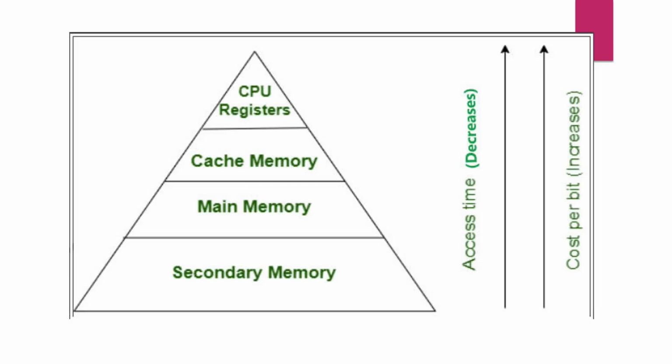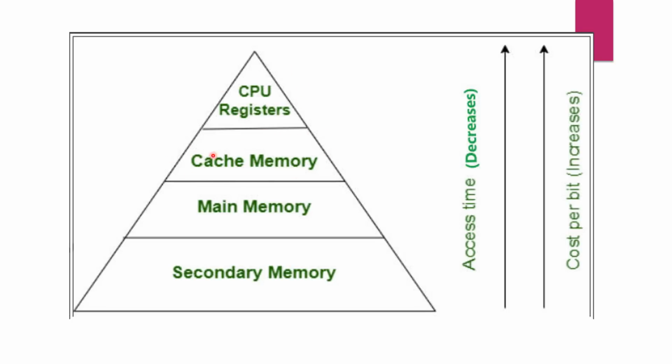So after this whole discussion, see, this is the pyramid of computer memory. Secondary memory is the lowest one, then main memory, cache, and CPU register. Access time decreases from bottom to top, but the cost per bit increases. It means it's very costly to get a CPU register, but its access time is very low.